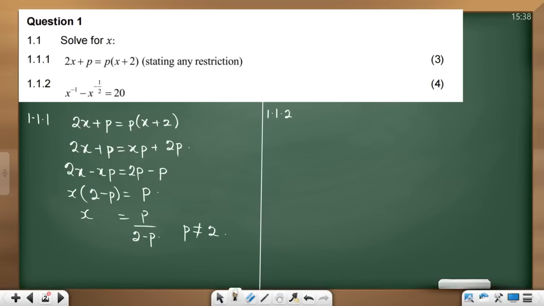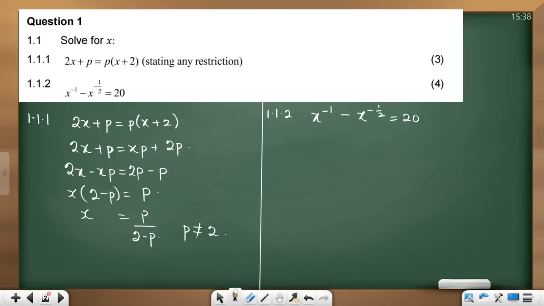1.1.2. Make sure you rewind and check again and look for errors that we may be making together, and let's fix them. What do I have on this one? x to the power negative 1 minus x to the power negative a half equals 20.